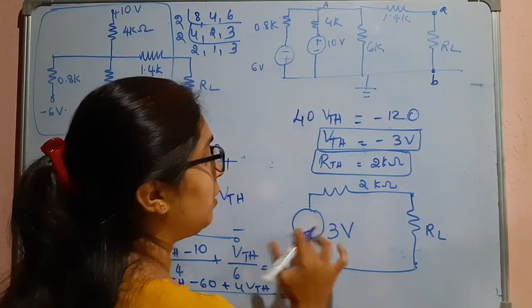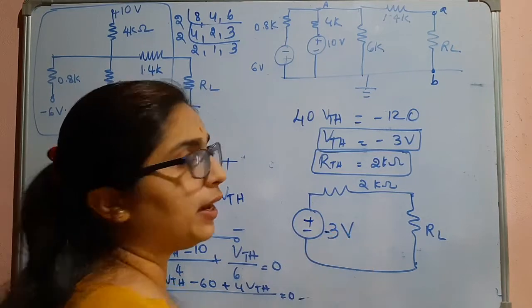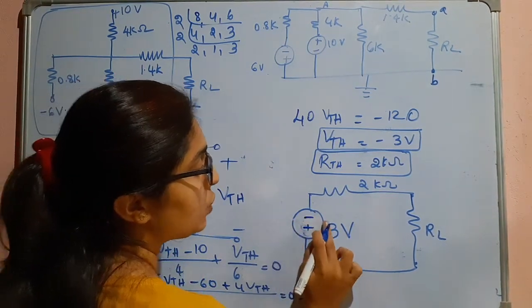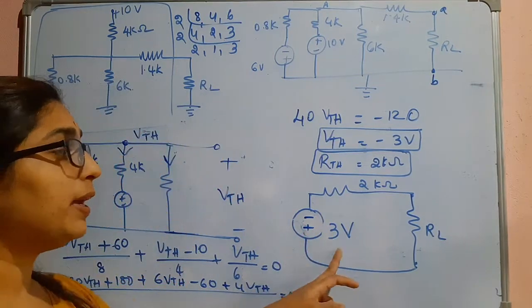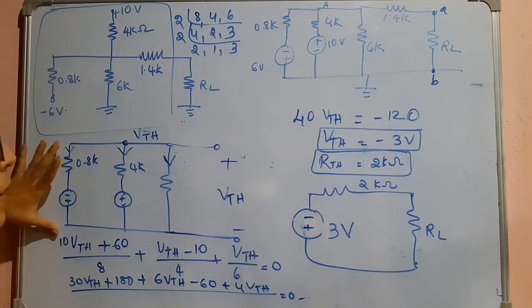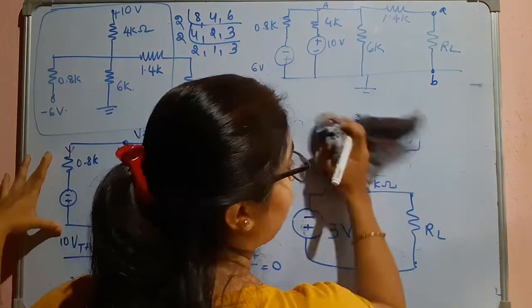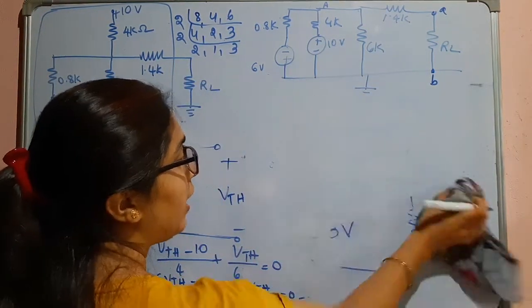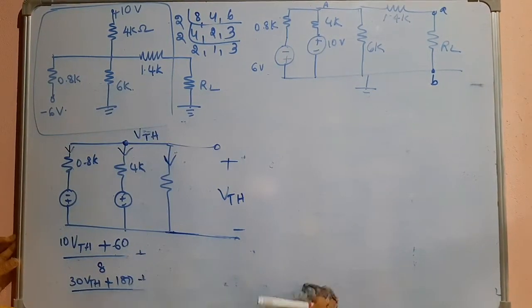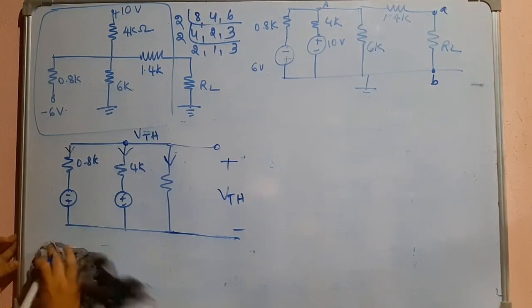Suppose if you had written plus and minus, then you would have to write minus 3 volts. But here I have already taken minus first, so don't write minus. That will be 3 volts. So this VTH can be found using different methods. Here I have used nodal analysis. We can also use source transformation.